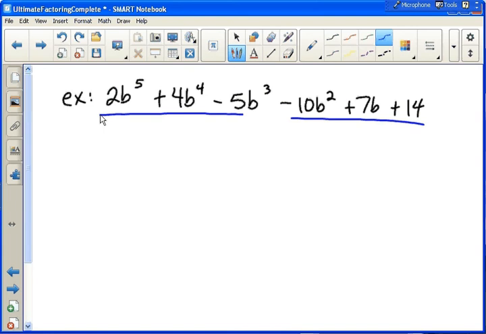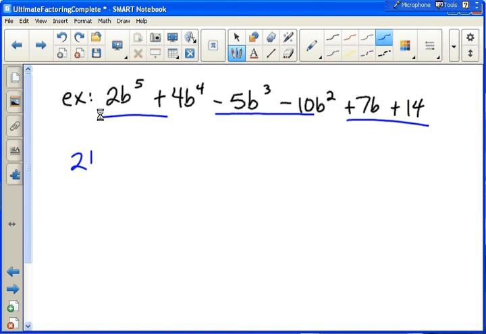So that kind of sets off a red flag that it's probably not going to be 2 sets of 3, because there's not a lot that can be pulled out. So instead of doing 2 sets of 3, let's try 3 pairs. 2b to the 5th plus 4b to the 4th, they have 2 in common, and b to the 4th in common, leaving me with b plus 2.